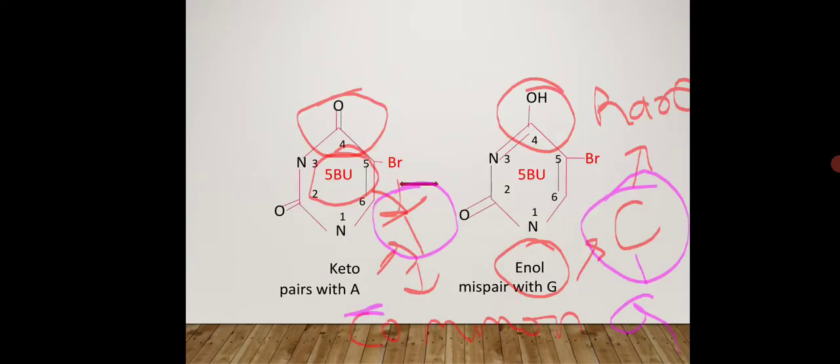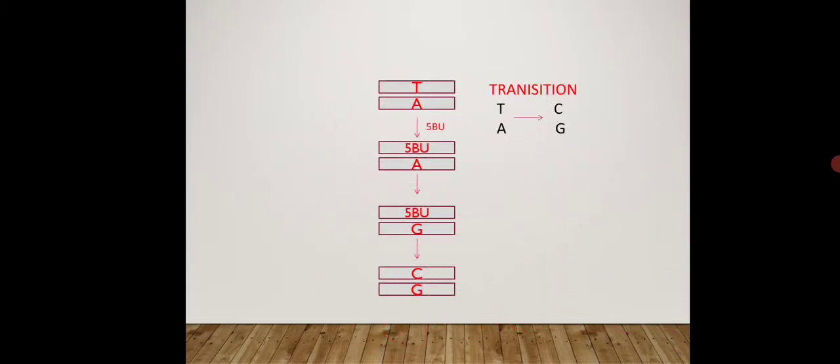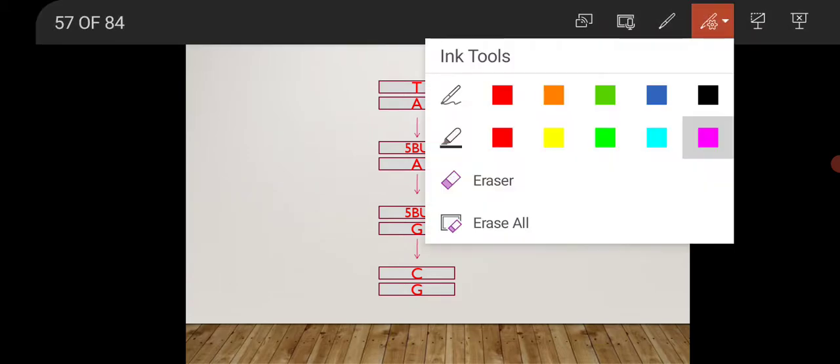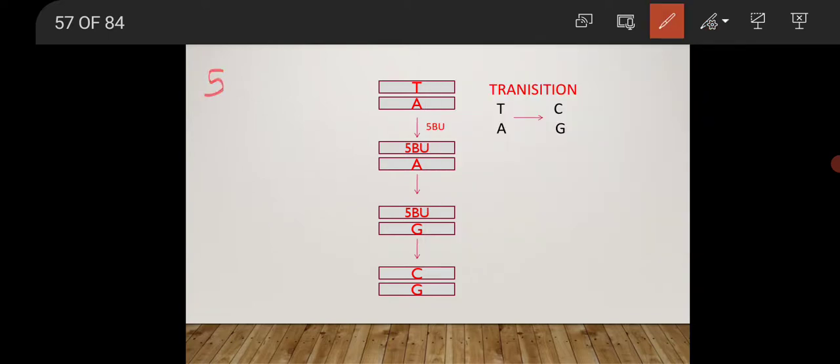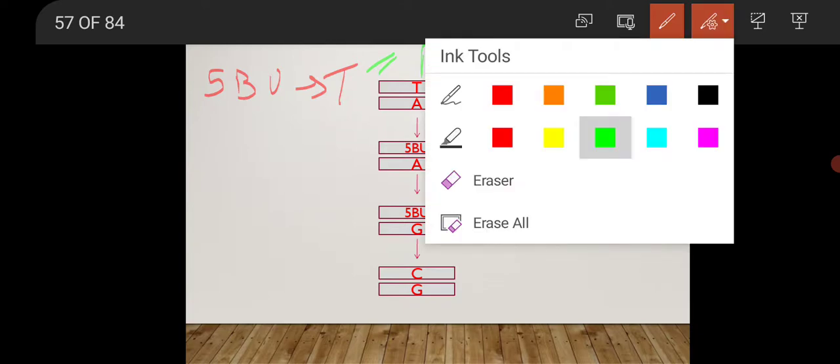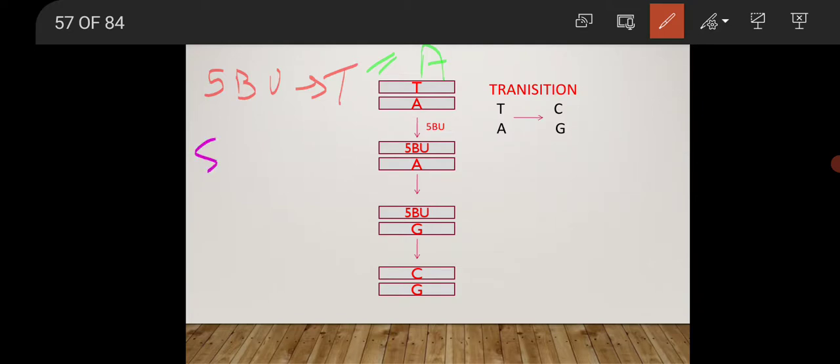Yes, let's see the mechanism. Just keep in mind that 5-bromouracil under normal conditions, or commonly, behaves as a thymine and base pairs with adenine. In the rare condition, this 5-bromouracil base pairs with cytosine.